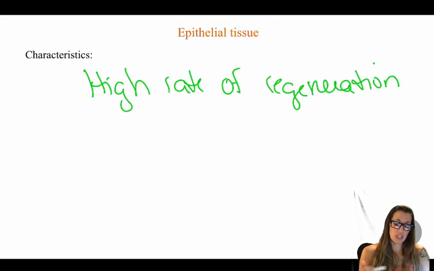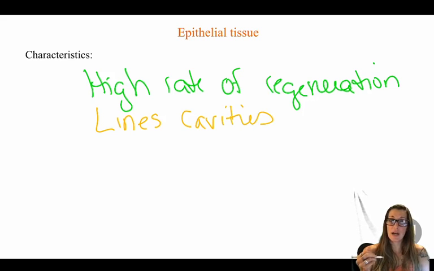High rate of regeneration. And if we stop and we think, I'm going to write this in yellow to hopefully link those two concepts. If we think of where epithelial tissue is, this makes a lot of sense because it lines cavities that are either exposed to the external environment or carry things very often that are coming from the external environment.